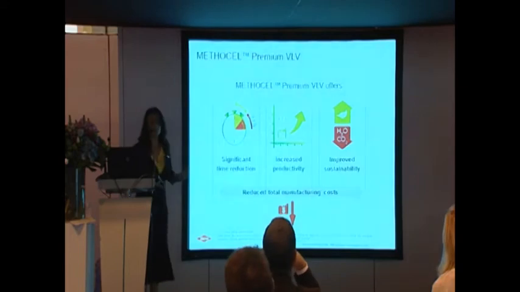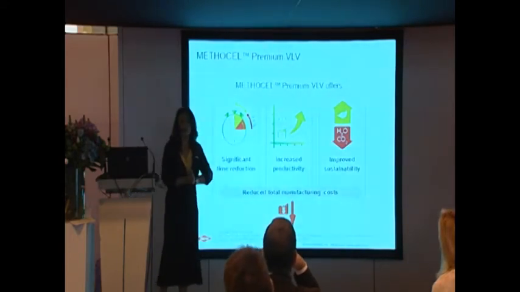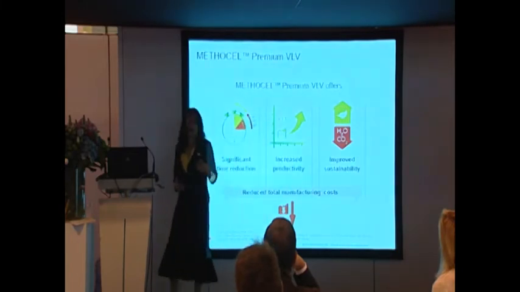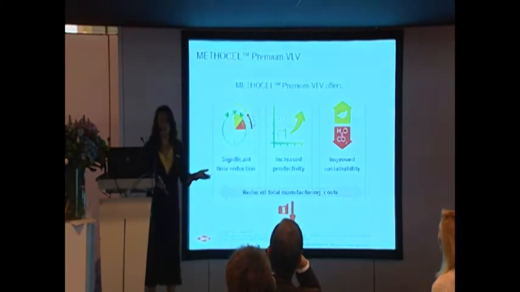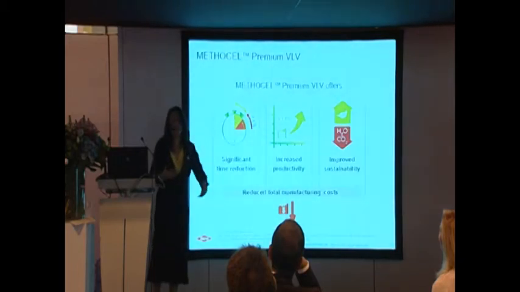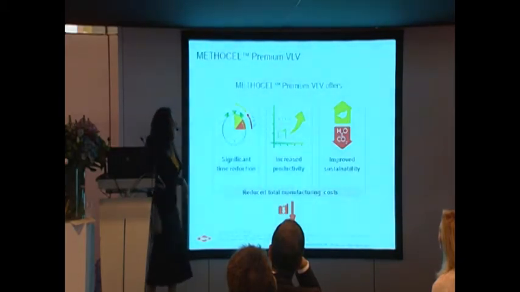Now, one of the examples I will show you today on innovation is the Methocel Premium very low viscosity. Methocel is the most trusted polymer, right? Very well established. And we know that, for example, in tablet coating, people are running after how they can reduce their coating process.